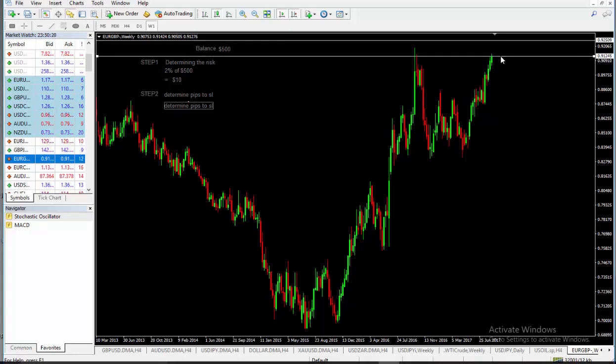Let's roughly say our entry is where price is right now. We want to sell, right? So what we have to do now is determine the stop loss, how many pips it will take for us to get stopped out and to be out of the trade with minimal losses, with $10 of loss.